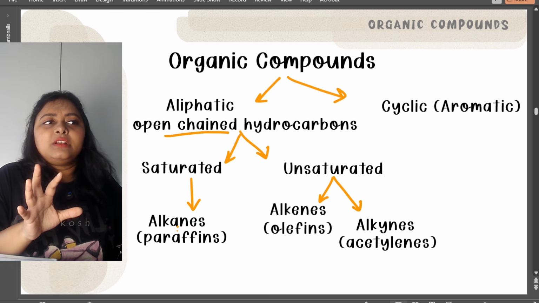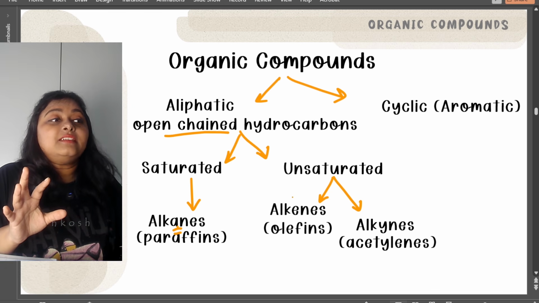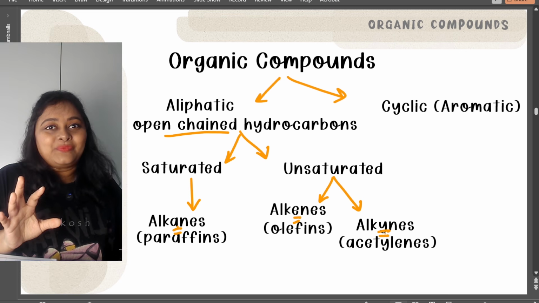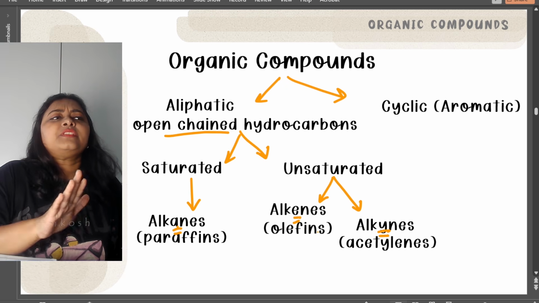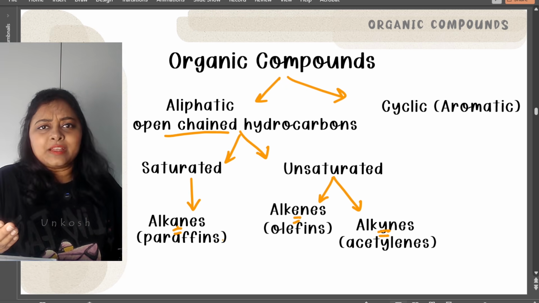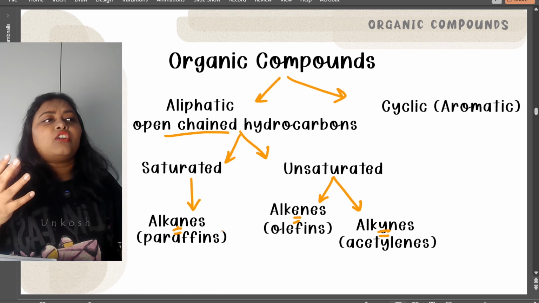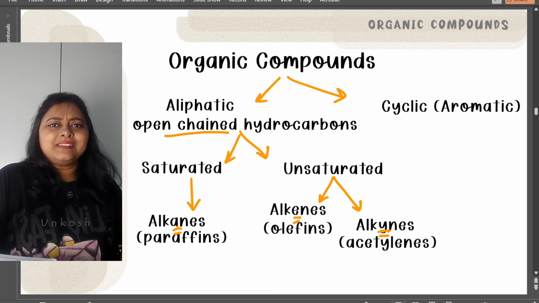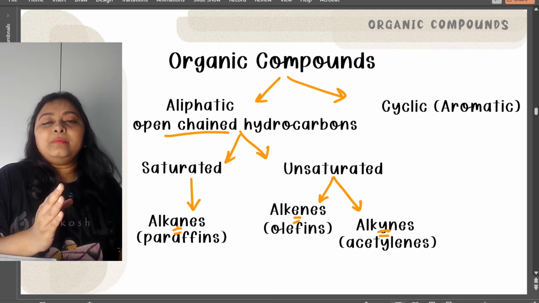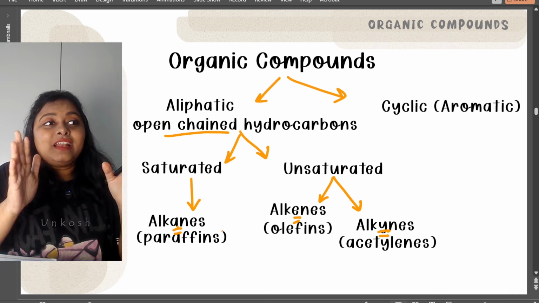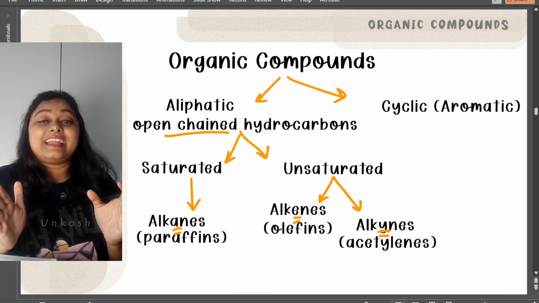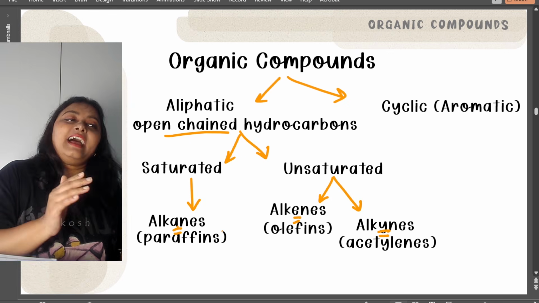Look at the difference. They all look similar, but there is an A in it, there is an E in it, and there is a Y in it. So alkanes, alkenes, and alkynes. They also have other names under a different nomenclature, the common naming system. But the IUPAC naming system, which we are going to study in the upcoming slides, will have these terminologies: alkanes, alkenes, and alkynes.